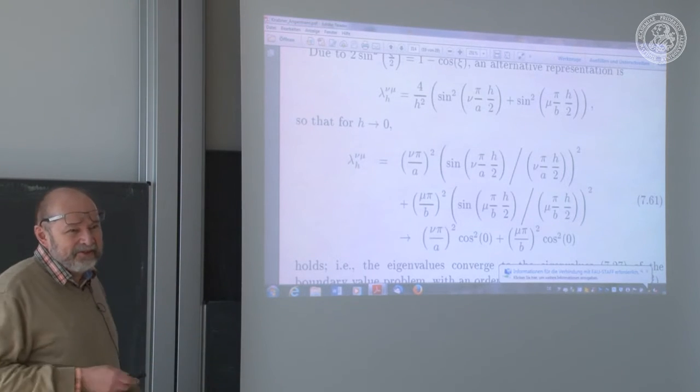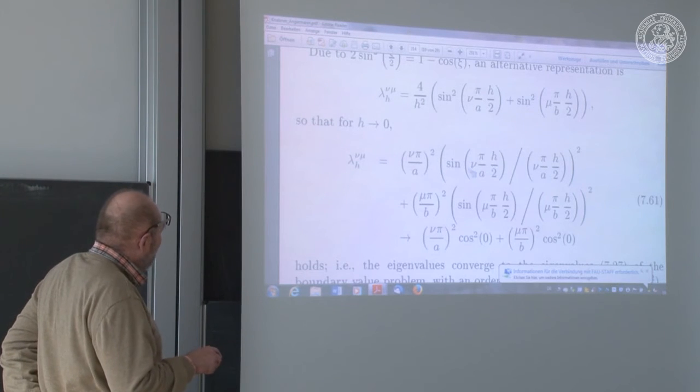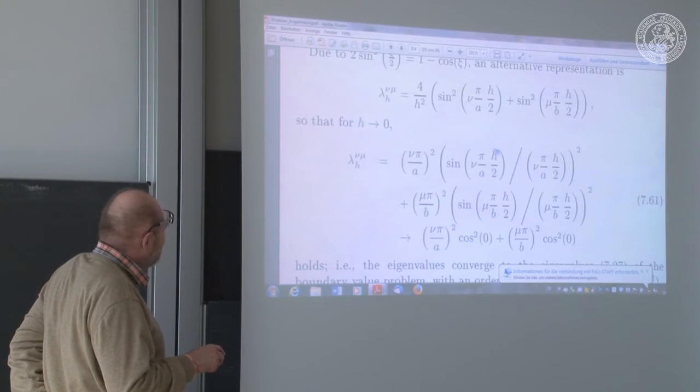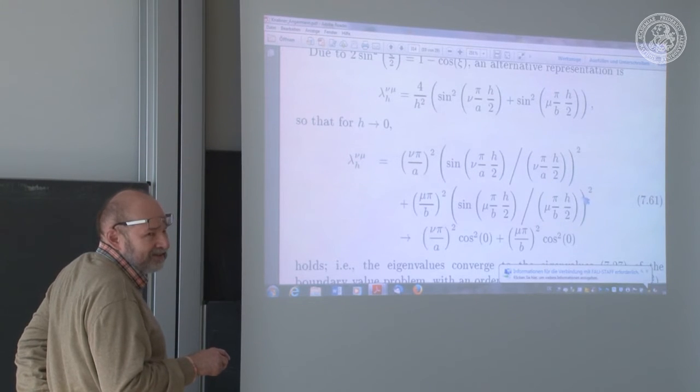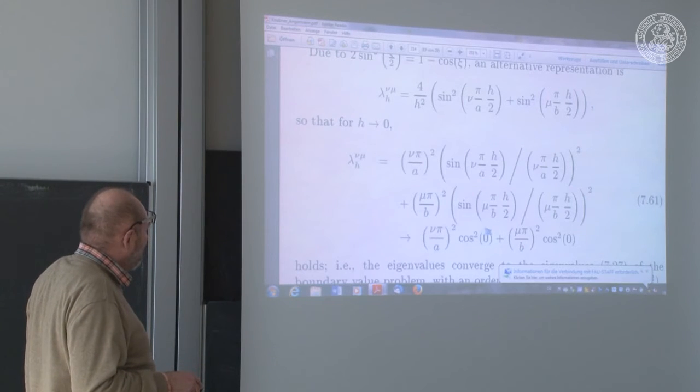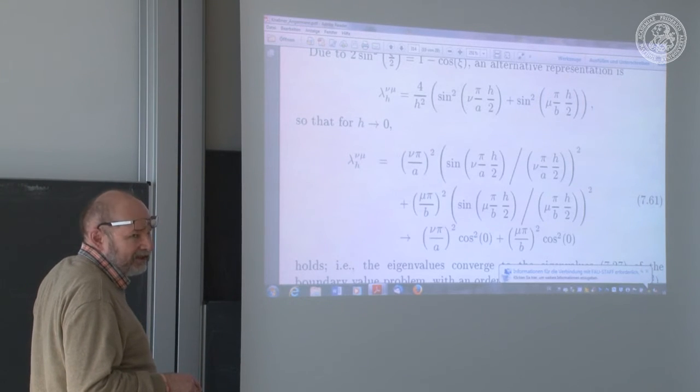Sine of 0 is 0. So there's sine of x minus sine of 0 divided by x. So this is just the difference quotient. Of course, it converges to cosine of 0, that is to 1.